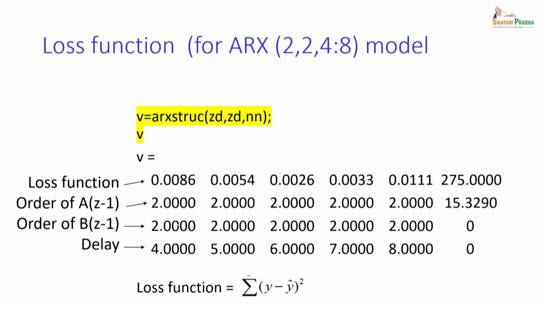various parameters of the system using the ARX model. You will recall the ARX model is A y equals B u plus the noise term. So the input to the ARX model is the training data and the validation data.